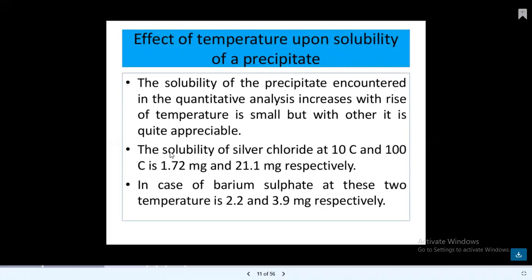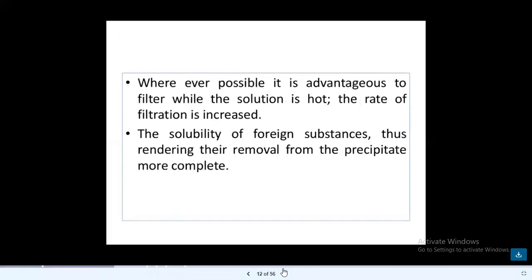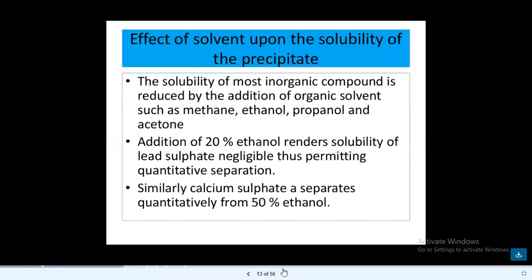Here you have an example: the solubility of silver chloride at 10 degrees centigrade and 100 degrees centigrade is 1.72 milligram and 21.1 milligram respectively. ठीक है, हमारे पास क्या है कि by increasing the temperature, solubility will also increase.